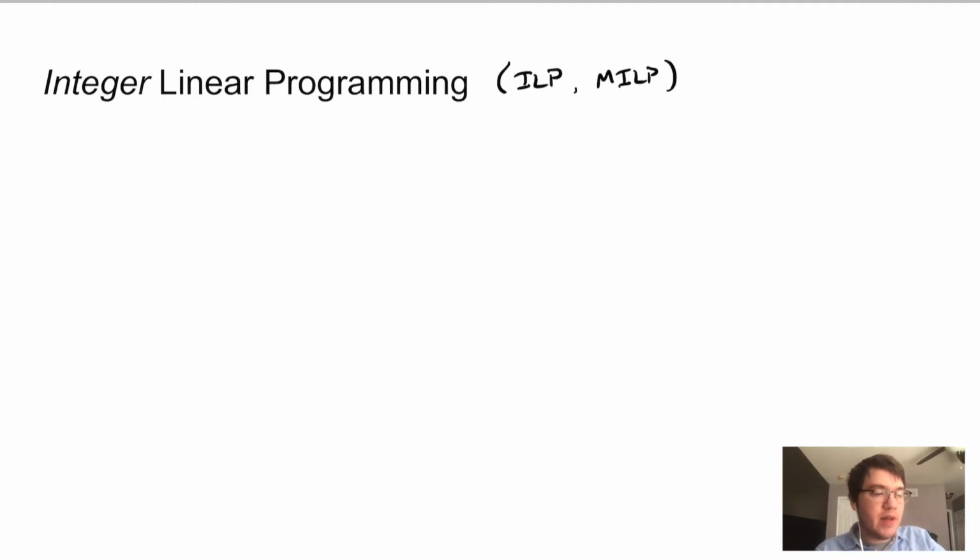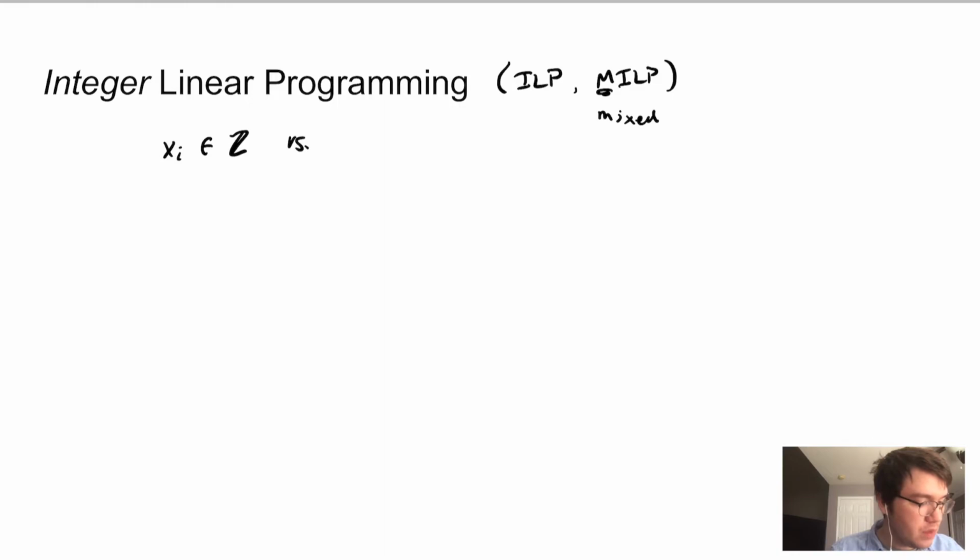So if some of the values are continuous and some of them are integer, then it's mixed integer linear programs. The only major difference from the previous formulation is that now each of the xi's of our variables are integers. This is the set of integers, versus before these xi's were just some non-negative reals.